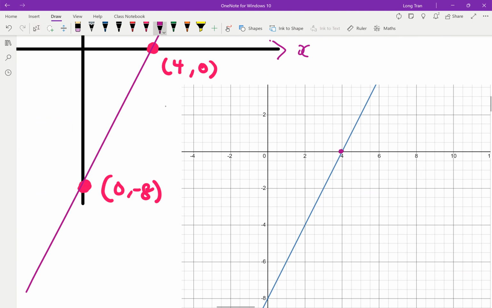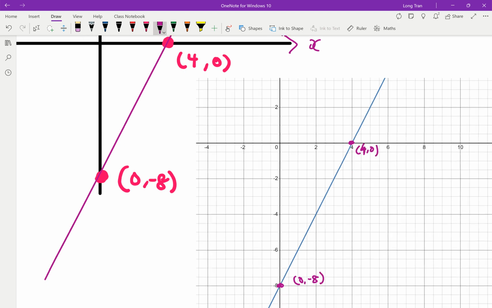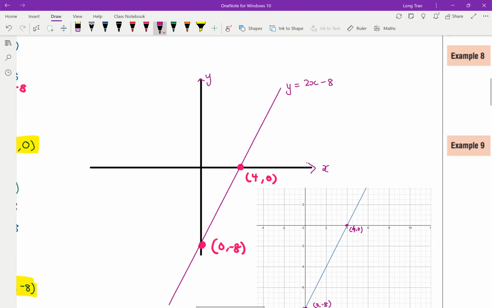You see that? And we found 2 really key coordinates here. That was (0, -8), and this was (4, 0). See that? And you did that algebraically. That's pretty much our graph. The only thing we're missing is obviously the clear measurements and labels, but you don't need that. You just need 2 key points, and that's the skill that you want.